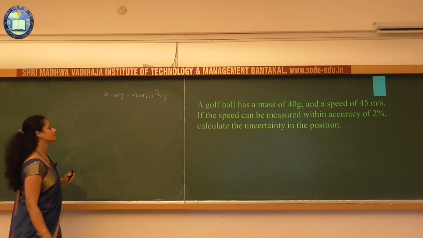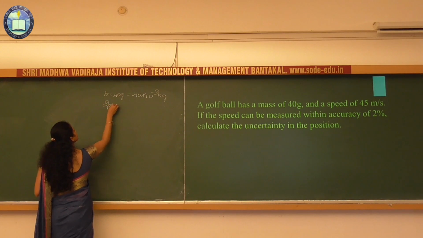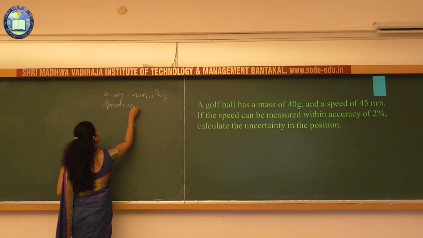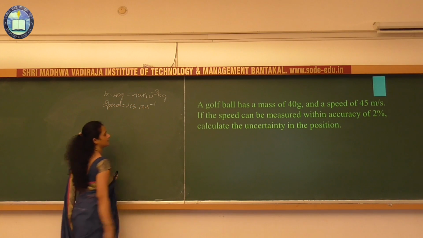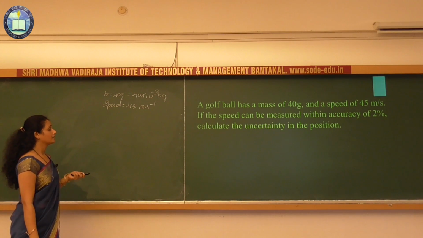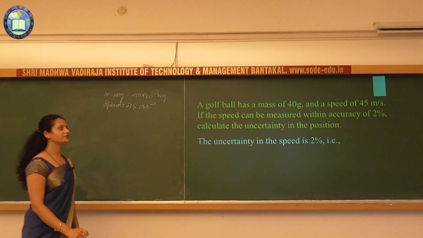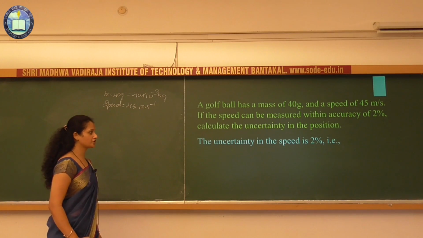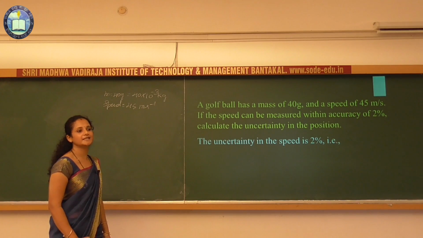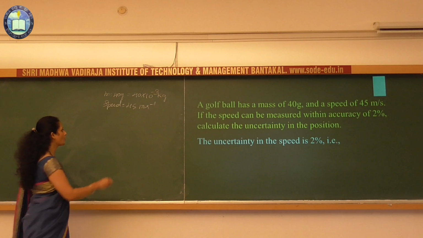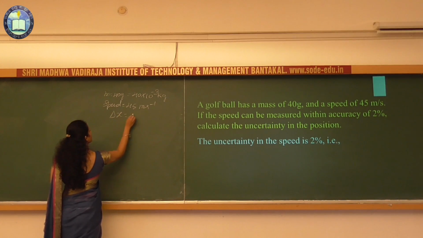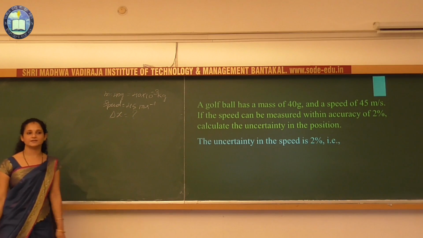And the speed is 45 meter per second. The speed can be measured within an accuracy of 2%. What will be the uncertainty in position? Delta x is how much?